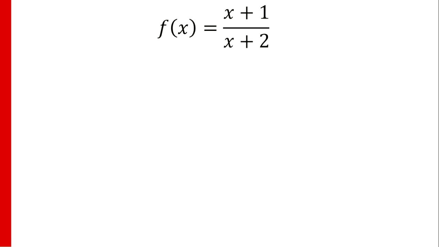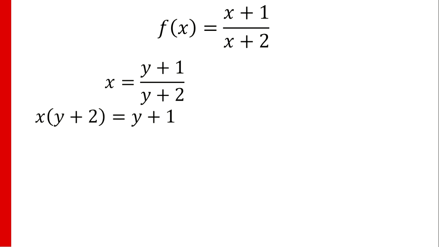And then another example, this is a rational function. Let's try to identify its inverse. The function is equal to x plus 1 over x plus 2. Interchange x and y. And then let's cross multiply. So that's x quantity y plus 2 is equal to y plus 1. Distribute that. So xy plus 2x is equal to y plus 1. And then combine like terms.